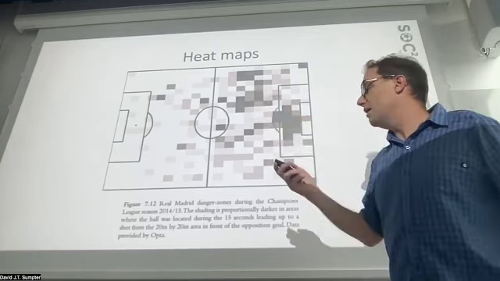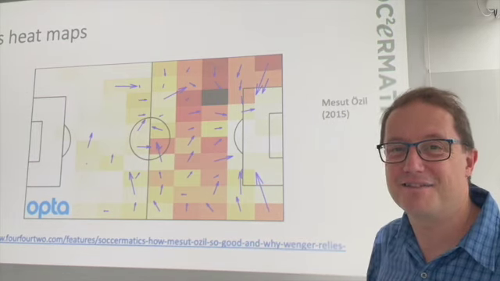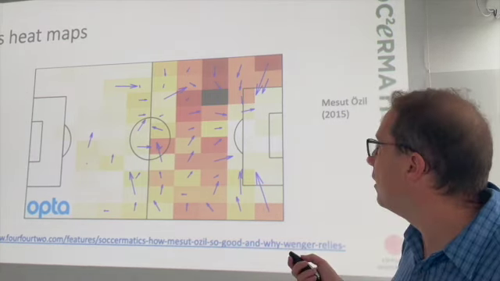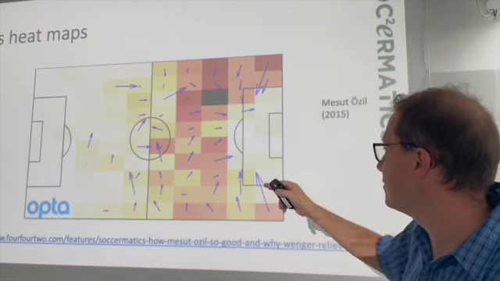There are more examples which you can look at on the web page. This is one I made of Mesut Ozil. I was complaining about him getting drawn in defensively earlier, but he is a player which statistics really loved because he always progressed the ball forward. I think he may well have been signed by Arsenal on the basis of statistics.